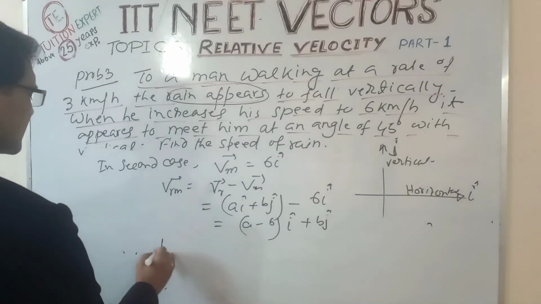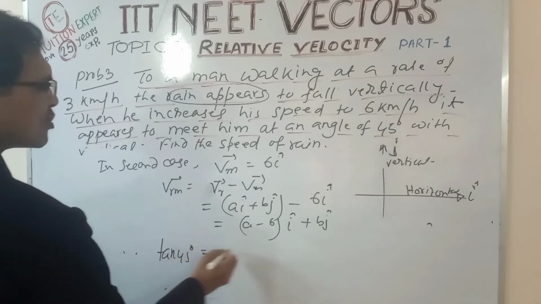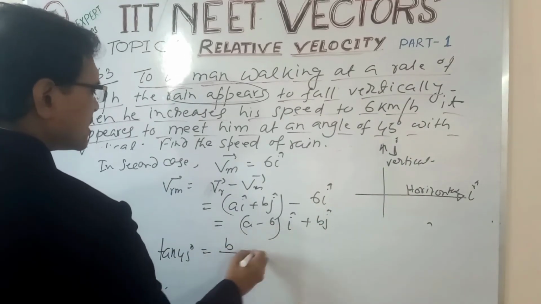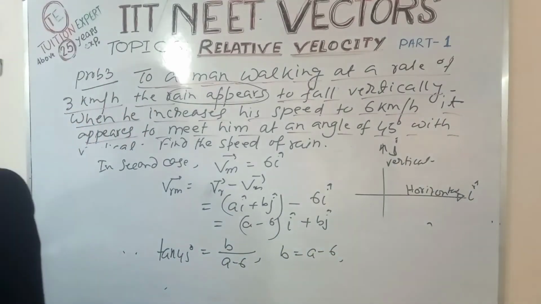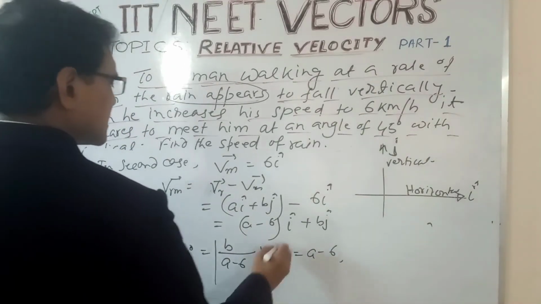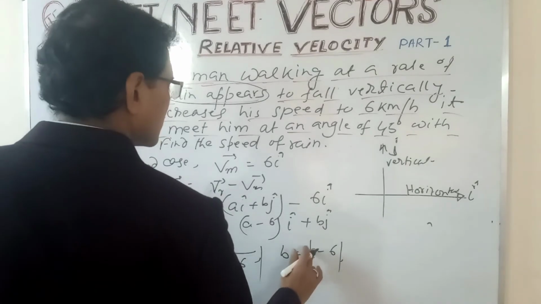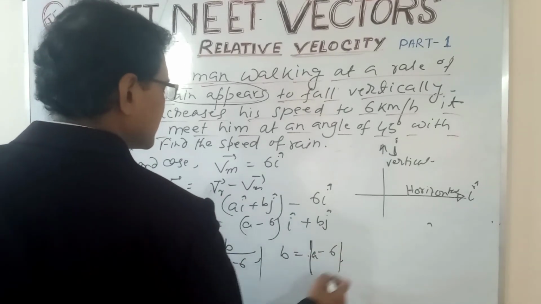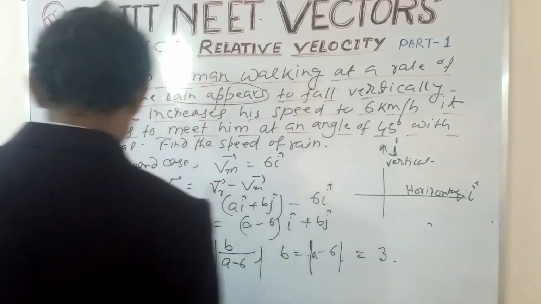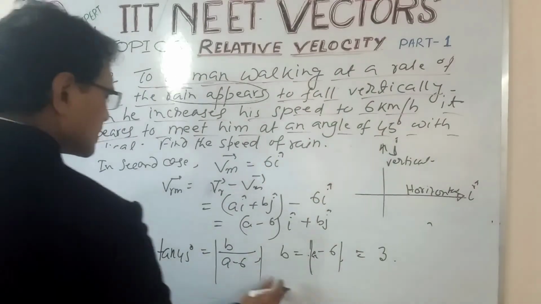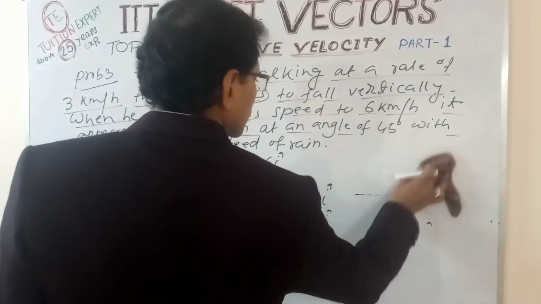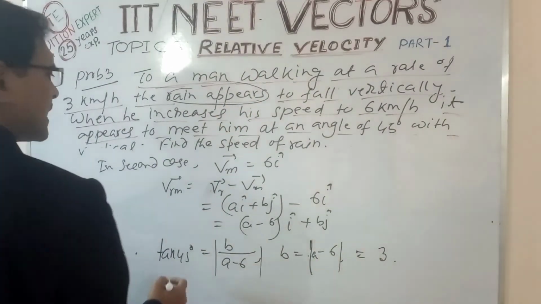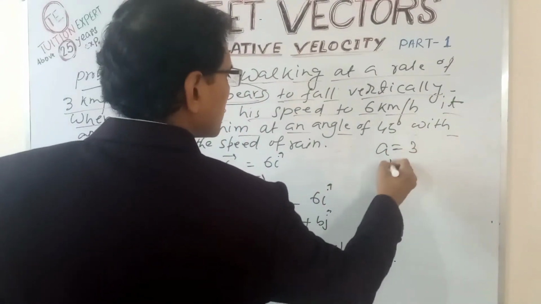So we get tan 45 degree equal to perpendicular by base, b by a minus 6, that is b equal to a minus 6, magnitude. Now the value of a is 3, so this becomes 3. So b equal to 3. So velocity of rain becomes, we get a equal to 3 and b equal to 3.